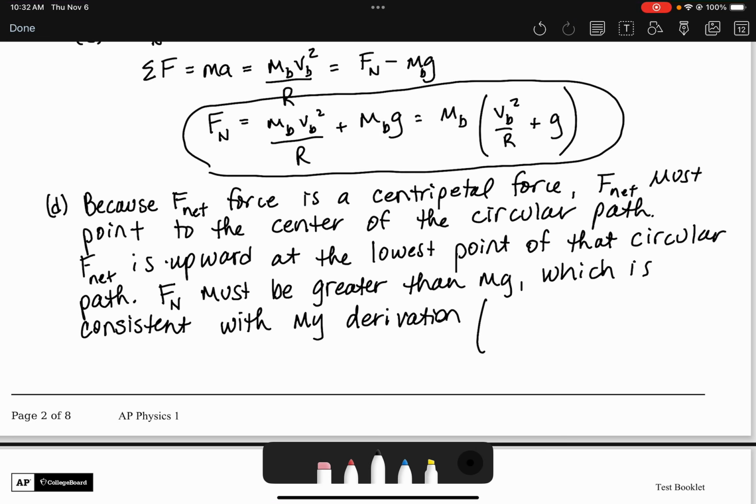And I said that m_b v_b squared over r plus mg is going to be greater than mg by itself. And so that is the solution for question 1 of the Chapter 6 possible FRQs.